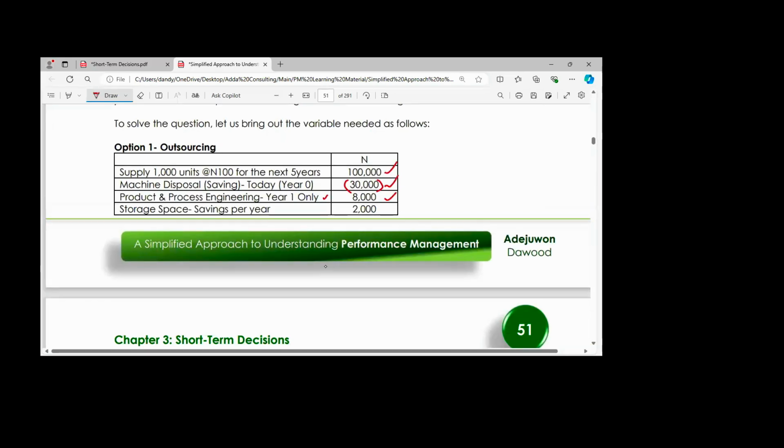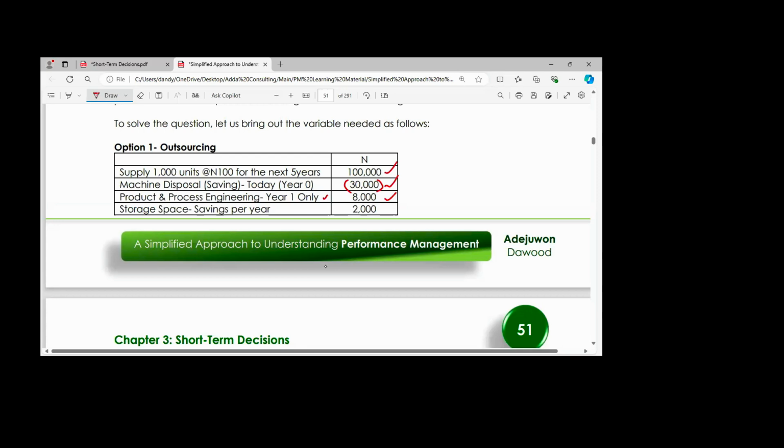Because when I'm calculating my present value, it is important you know there are 3 criteria of NPV. One is relevant cash flow, two is appropriate cost of capital, and three is the useful life. If any of the 3 is missing, there is no way you can compute NPV. The 3 of them must be present.